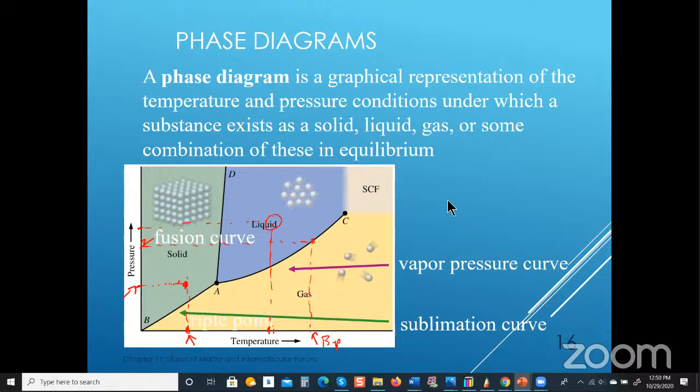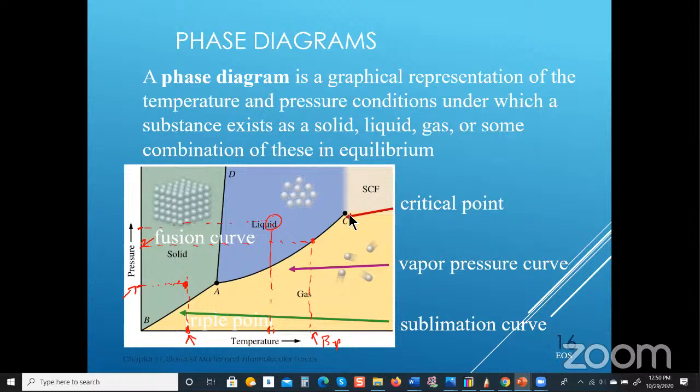All right, of course, for different substances, the phase diagrams will have different appearances, and in some cases look not as neat as this. But before we leave this, remember we talked about the critical point. The critical point in this particular phase diagram is right here, all right?